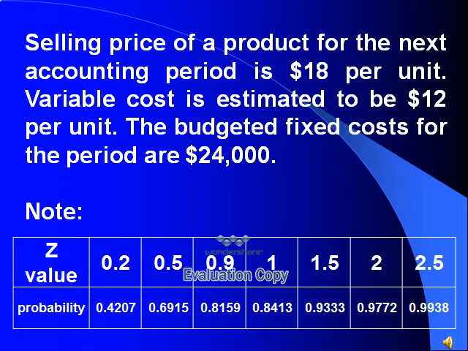Selling price of a product for the next accounting period is 18 per unit. Variable cost is estimated to be 12 per unit. The budgeted fixed costs for the period are 24,000. Note that there is a table. This table shows Z value and the probabilities.